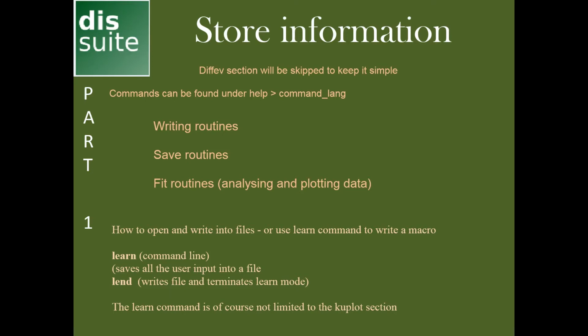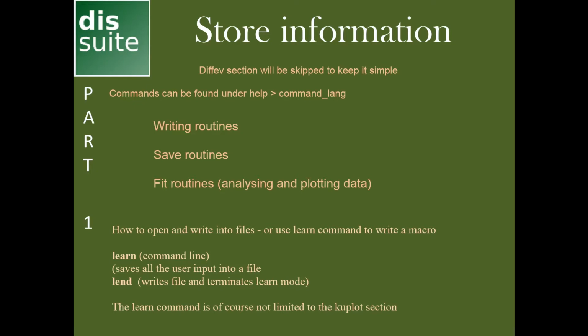Whenever you write ln, so for learn end, this file is created and all the input lines are stored in this file. You can later read that file and do minor additions to it and so on. This is really useful for writing a macro from scratch if you're fluent in the command language of DISCUS.